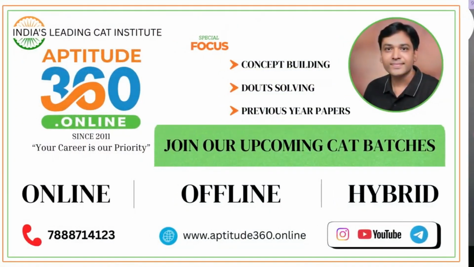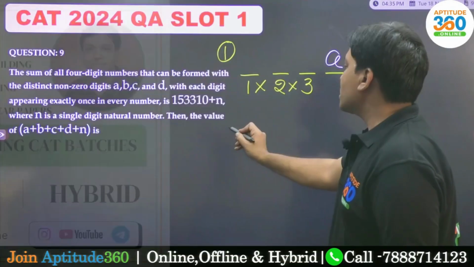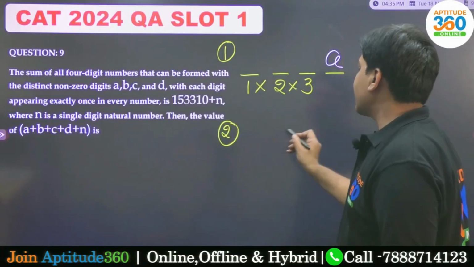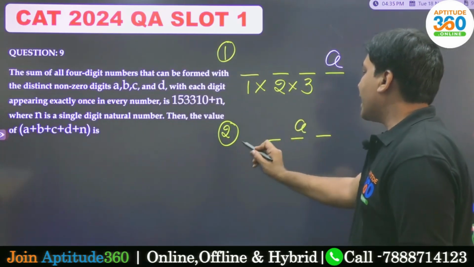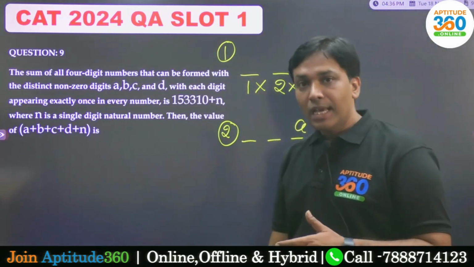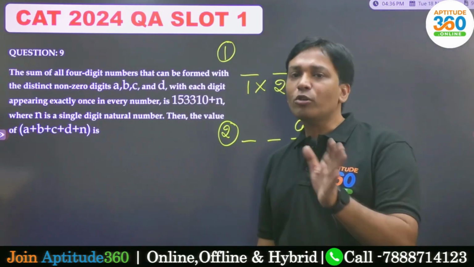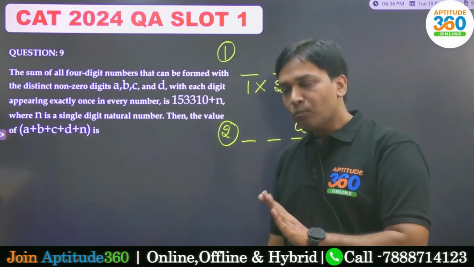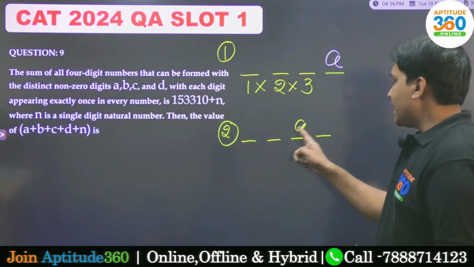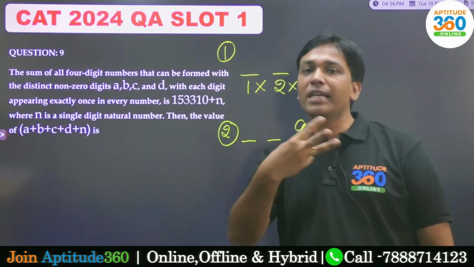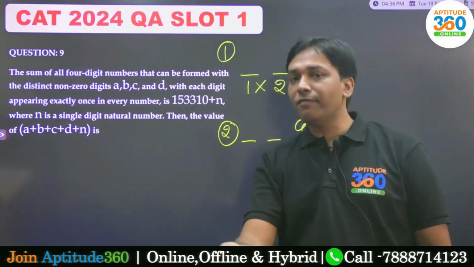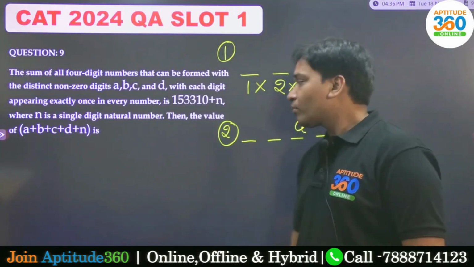So that is your possibility number 1. What is the possibility number 2? What if A is not at units place, maybe A is at tens place, and if A is at tens place, again you are going to be having 6 such possibilities, because B, C, D, these 3 digits are going to be appearing at 3 places in how many ways? 3 factorial ways, 3 into 2 into 1.